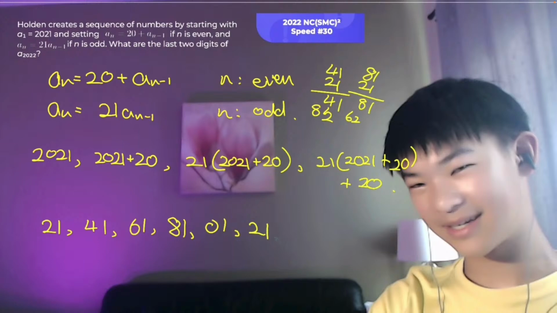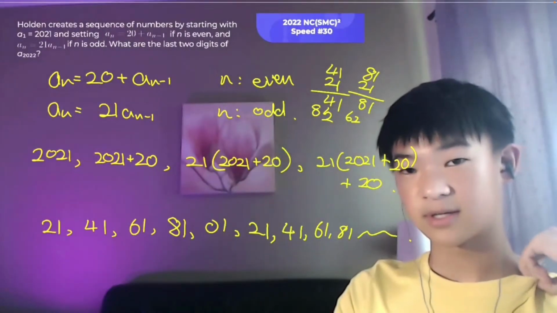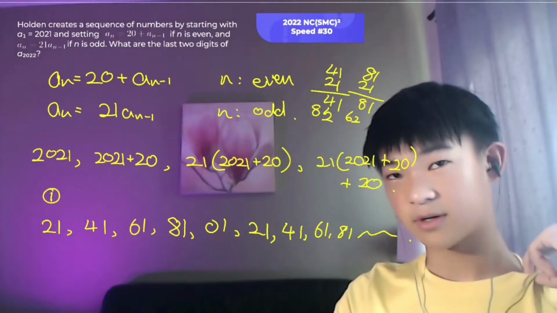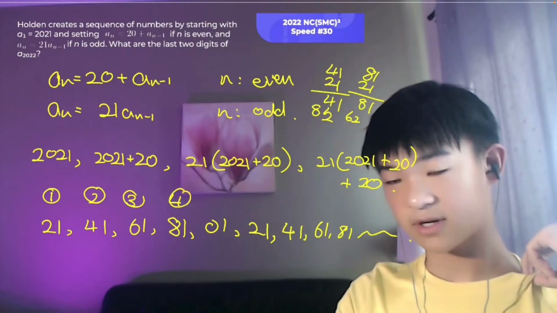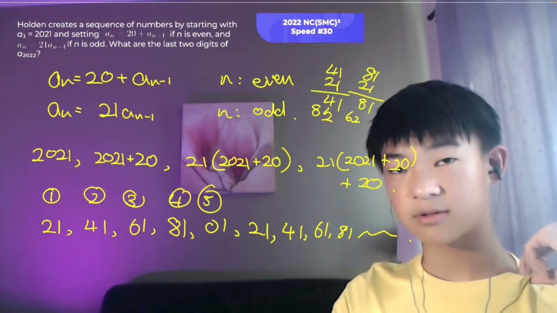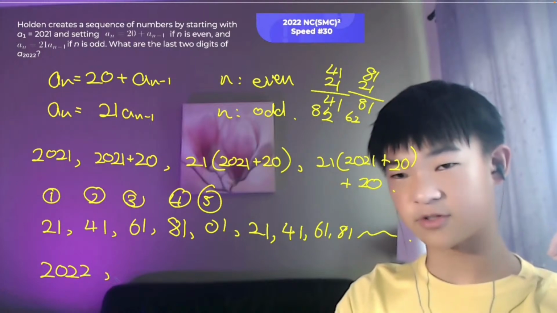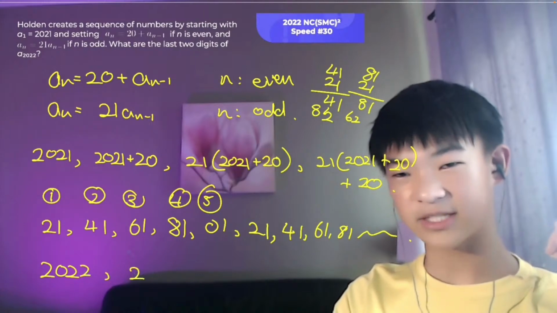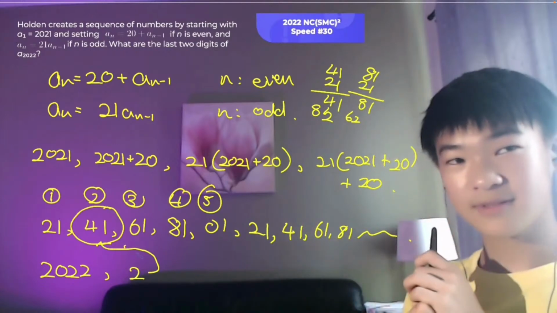So this pattern is repeating, and that's good. So we're cycling with a period of 5, starting from 21. Since 21 is the first term, these are 3, 4, 5, and then the 22nd term has a remainder of 2 when divided by 5. So it would match to this term. And 41 should be our answer.